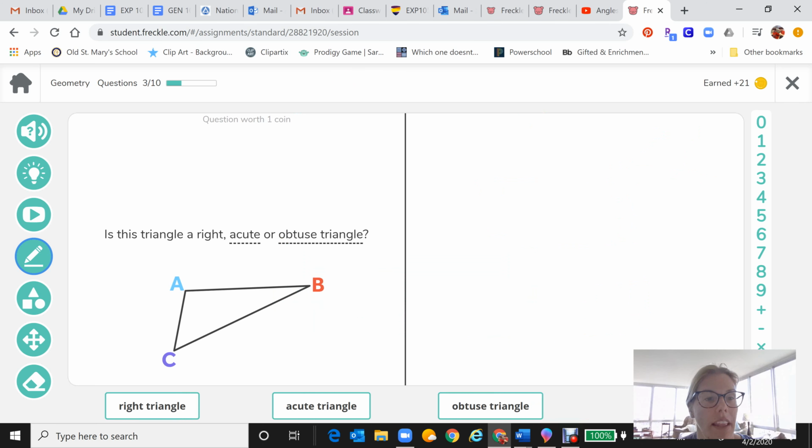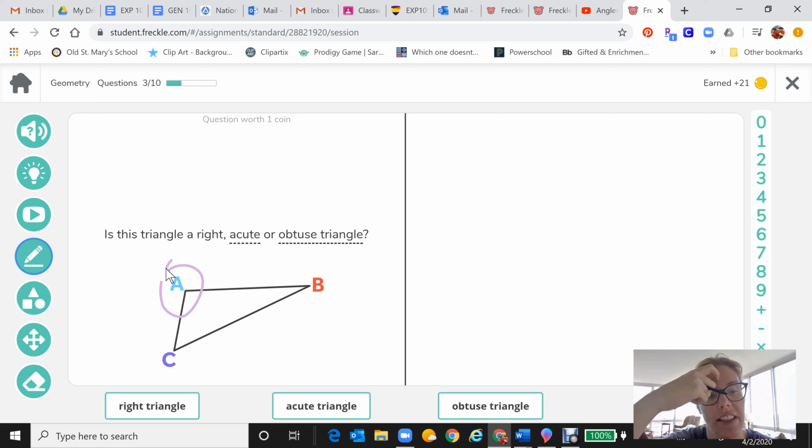All right. Is this triangle a right, acute, or obtuse? This is tough, right? So let's take a look at it. First of all, looking at angle A, what I would do is take a piece of paper and stick it into angle A to see if it was a perfect right angle. Well, it's actually not. It's a little bit greater than a right angle. So this is more than a right angle.